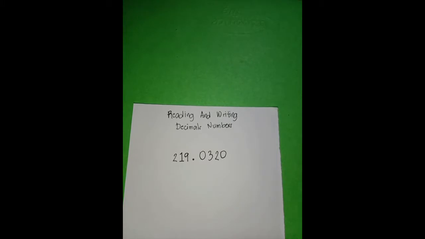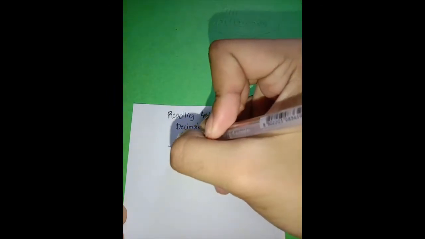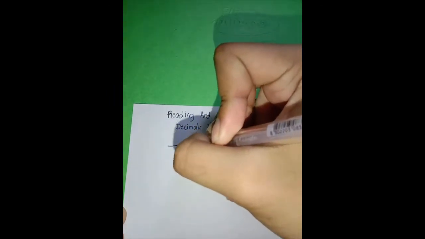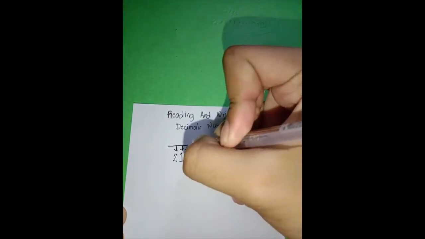As a short recap, this is our whole number. These numbers are what we call the whole numbers: the 2, 1, and 9.